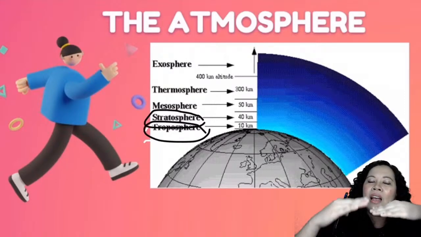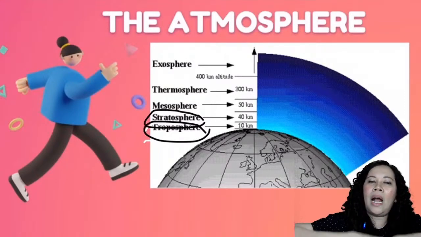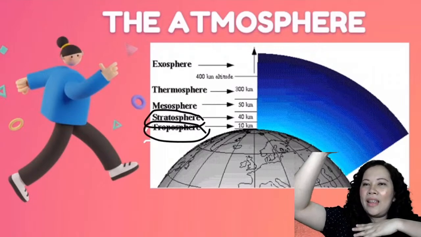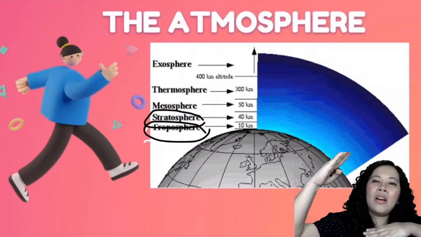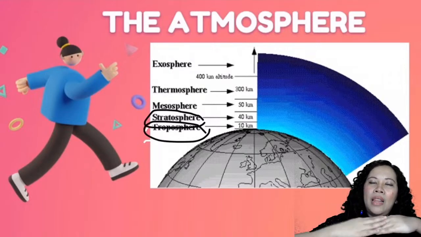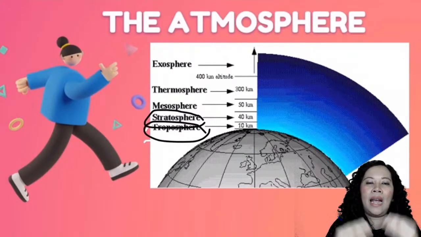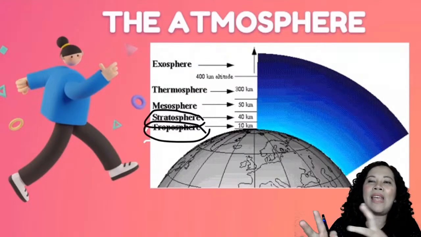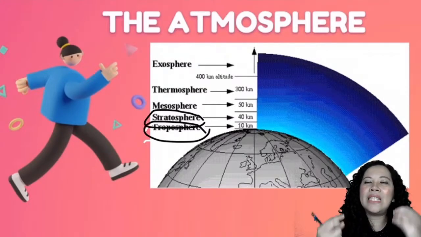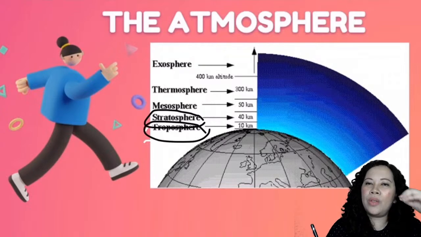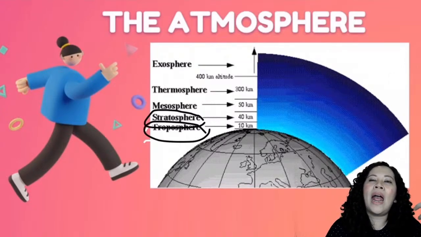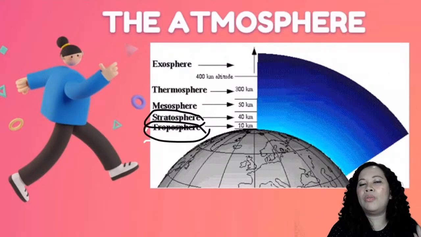It extends right after the troposphere up to 50 kilometers high. In this layer there is way less air pressure. So with less air pressure, there is less mass, less density, less gravitational force.